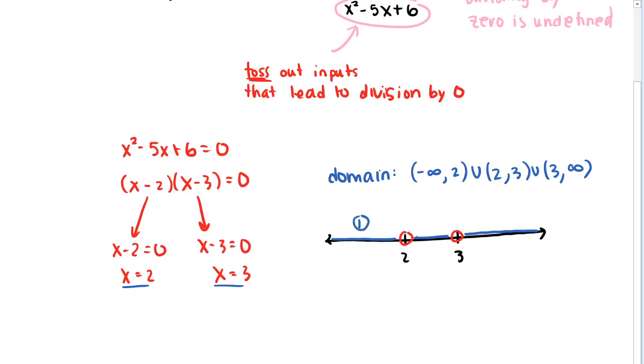There's this chunk from negative infinity to 2. Maybe this makes it a little too cluttered. And there's another chunk from 2 to 3, but not including 2 and 3, and then there's a last chunk from 3 and onwards. And that's what we're describing in our interval notation.